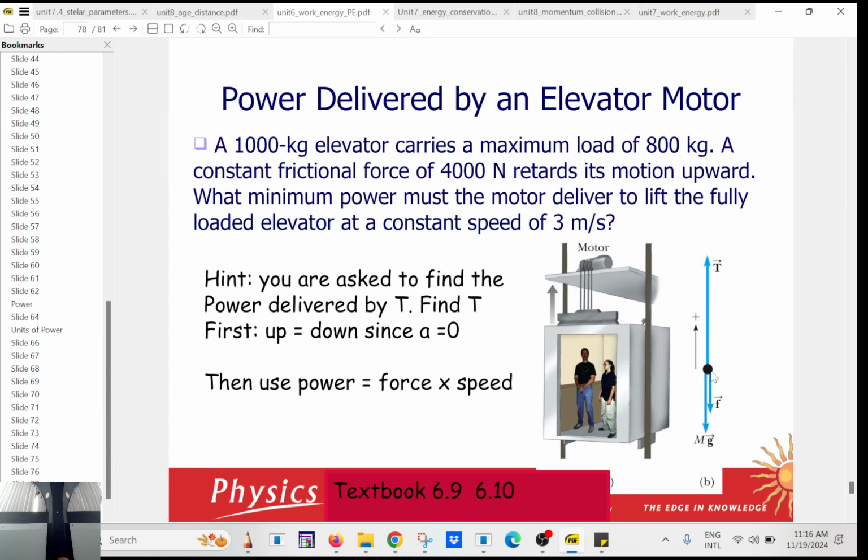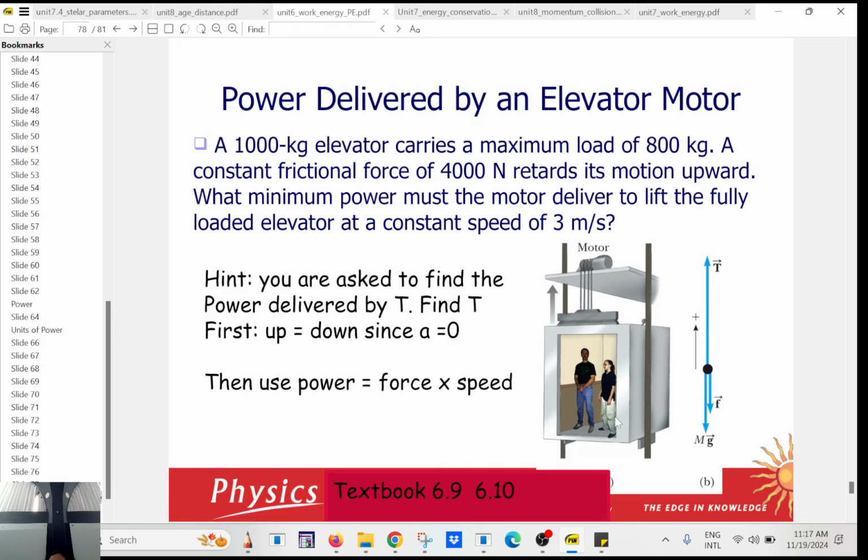They want you to find the power delivered by a force. So you can use the equation: power will be the force you are interested in times the speed. So when you are going up the slope, biking, that will be the power delivered by your muscles.